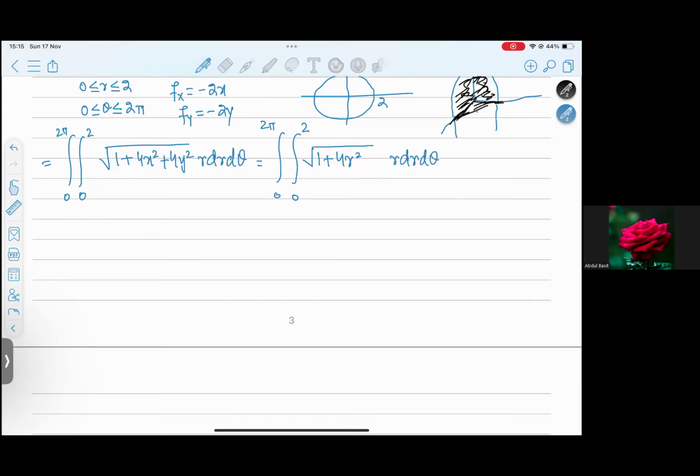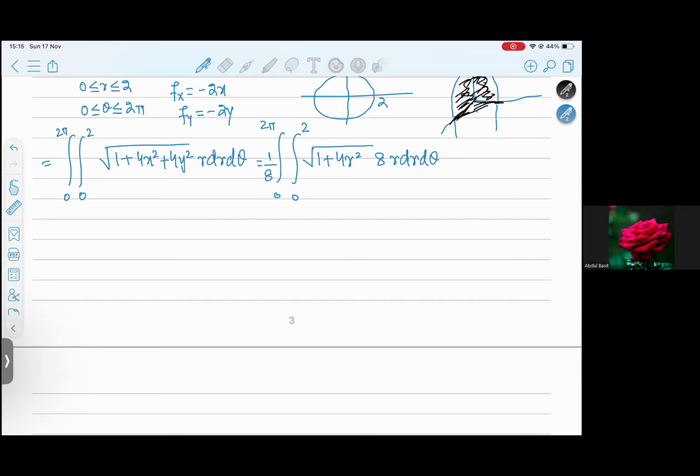Now you can see that 1 plus 4r square has power 1/2, and the derivative of which is 8r, which is present outside. To make it 8r, I multiply 8 with it and divide it outside.